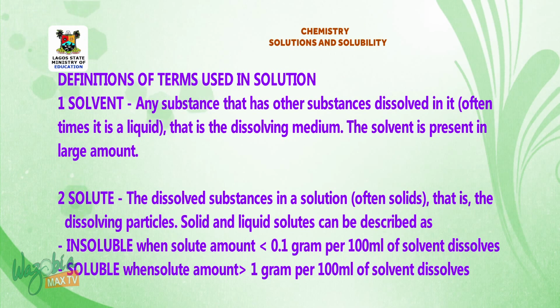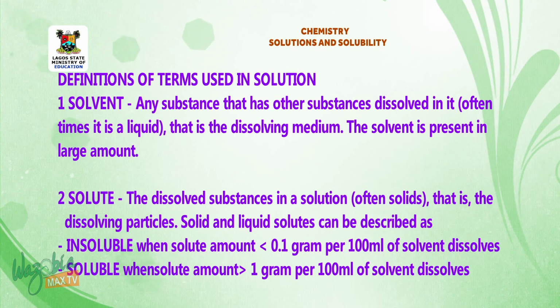Number 1, solvent. Any substance that has other substance dissolved in it. Oftentimes it is a liquid, that is the dissolving medium. The solvent is present in large amount. Number 2, solute. The dissolved substance in a solution, often solid, that is the dissolving particles.